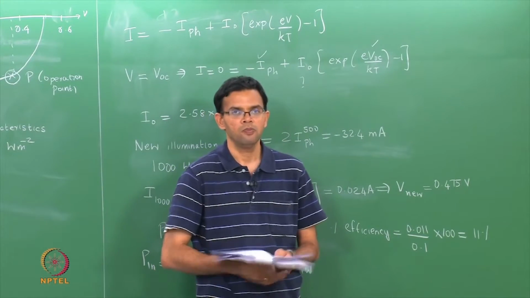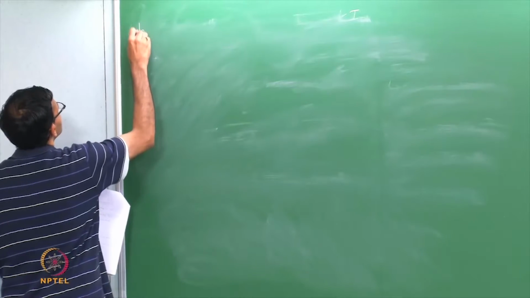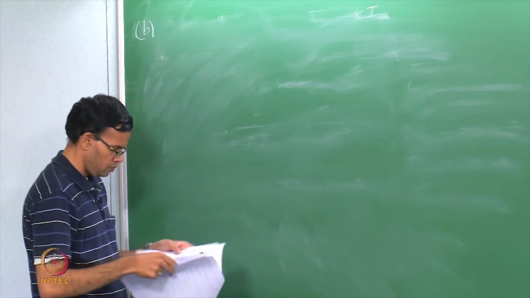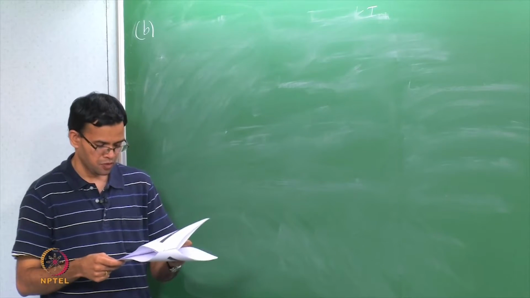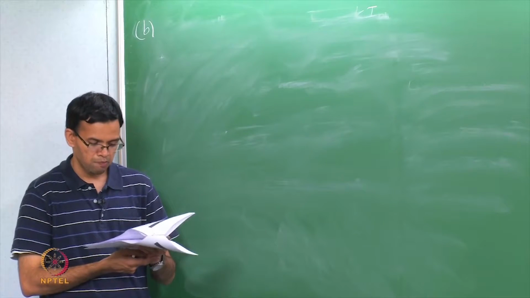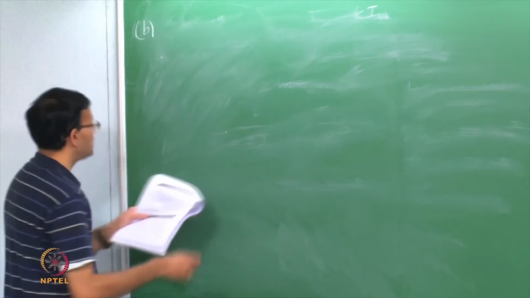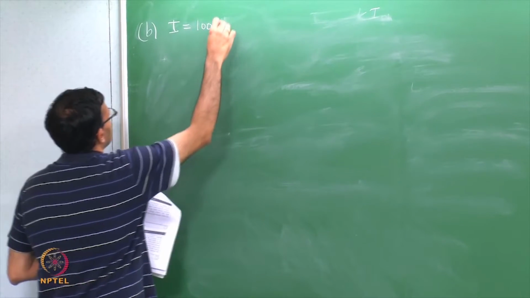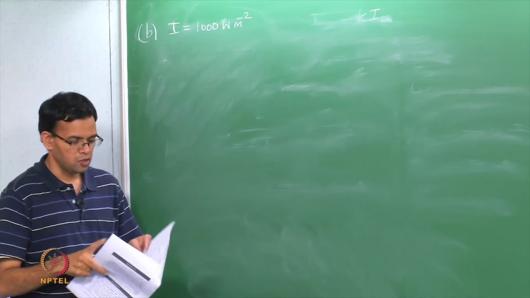So, let us now go to part B. In part B we are asked to calculate the load to have a maximum power transfer from the solar cell to the load. So, once again the illumination I is 1 kilowatt per meter square or 1000 watts per meter square.